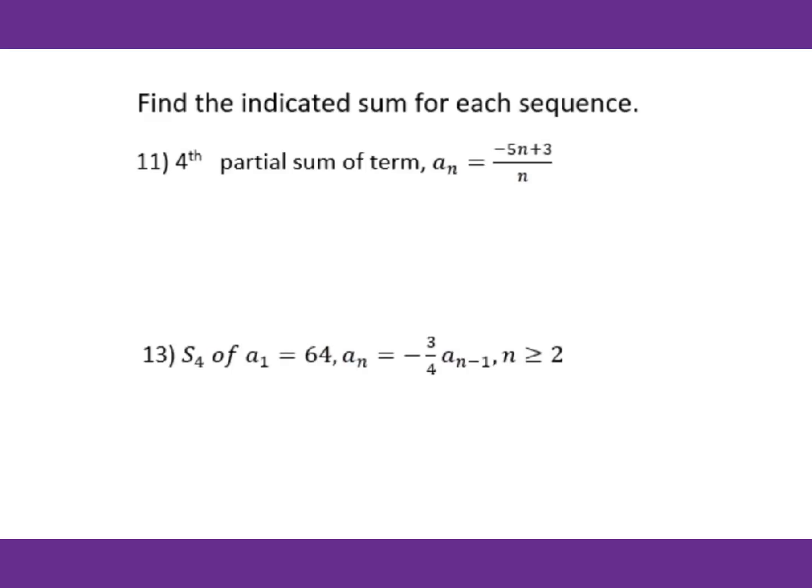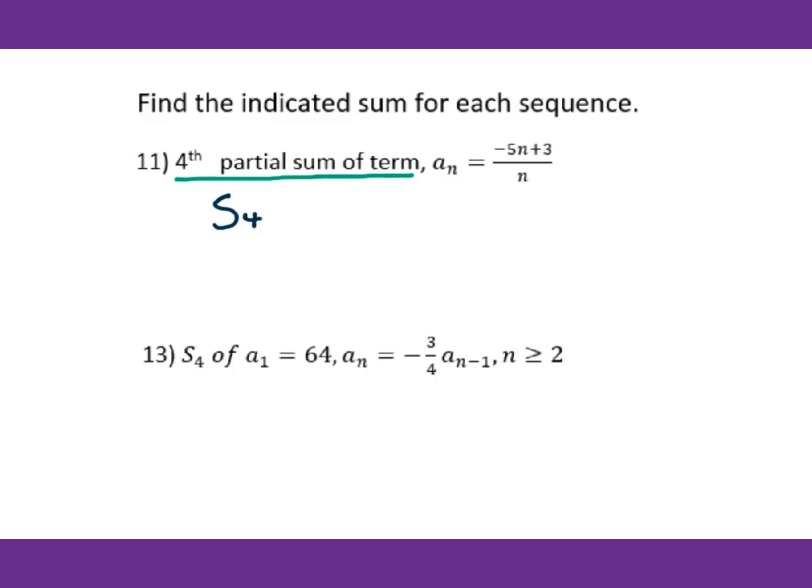Find the indicated sum for each sequence. Fourth partial sum of the term a sub n equals negative 5n plus 3 over n. Basically, I'm looking for S sub 4.